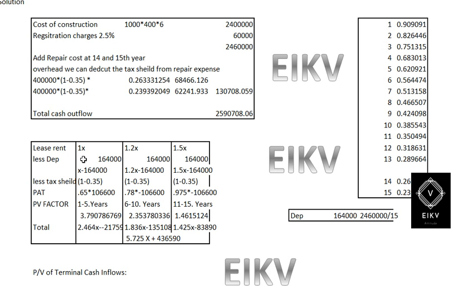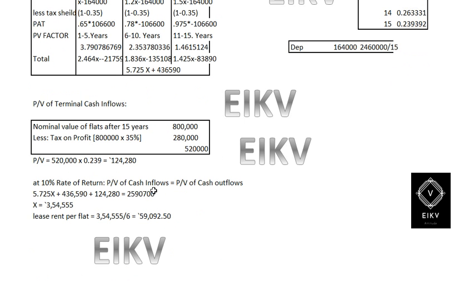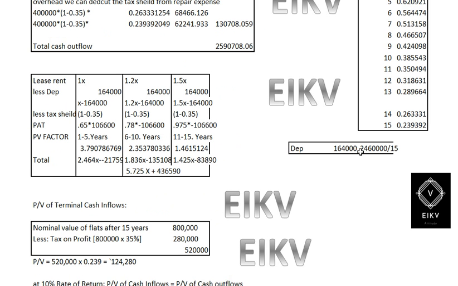The depreciation is done in the straight line method, where the total depreciation should be the total cost. The total cost of 24,60,000 divided by 15 years will give you 1,64,000.